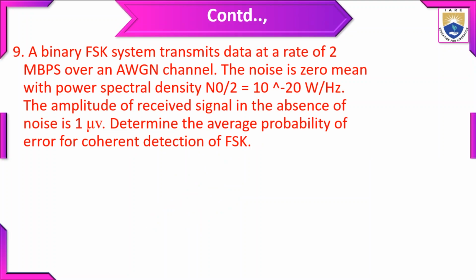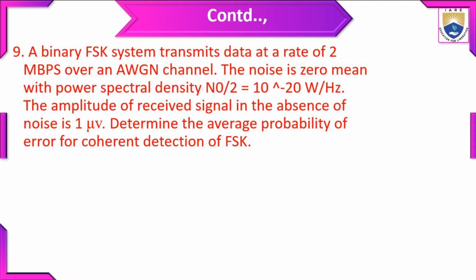Coming to another problem. A binary FSK system transmits data at a rate of 2 Mbps over an AWGN channel, additive white Gaussian noise channel. So the noise is zero mean with a power spectral density N0 by 2 equal to 10 power minus 20 watts per hertz.